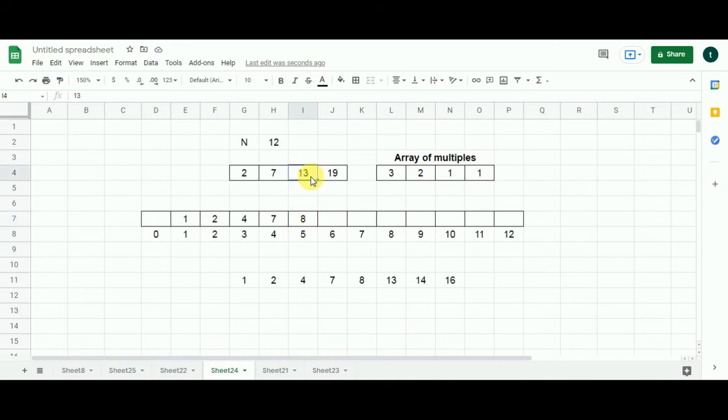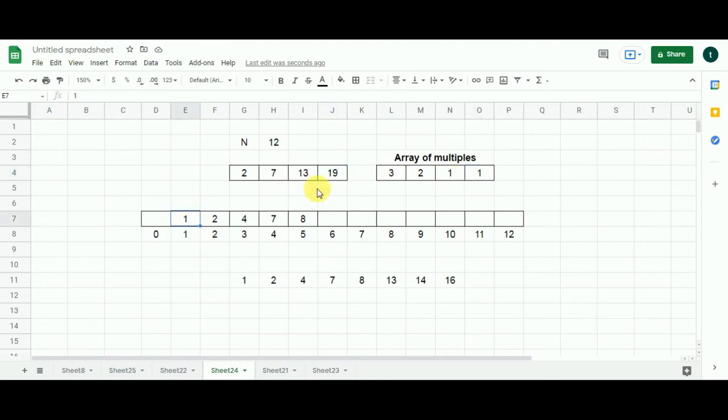The next number in the array of primes is 13. Here the value is 1. At 1 we have 1. So 13 multiplied by 1 is going to give me 13. And since 13 is bigger than 8, 13 gets eliminated and 8 stays. We move to 19. Here the index is 1. At index 1 we have 1.